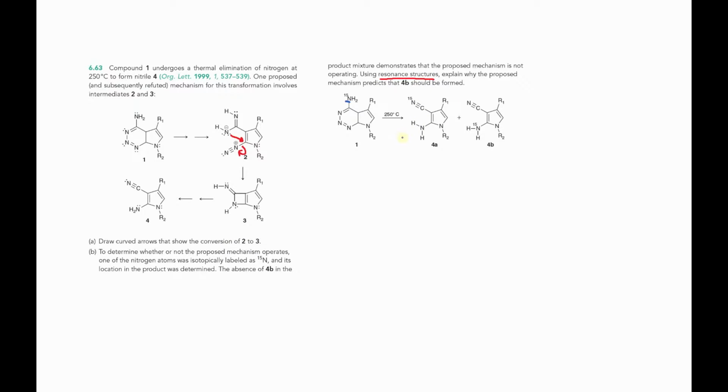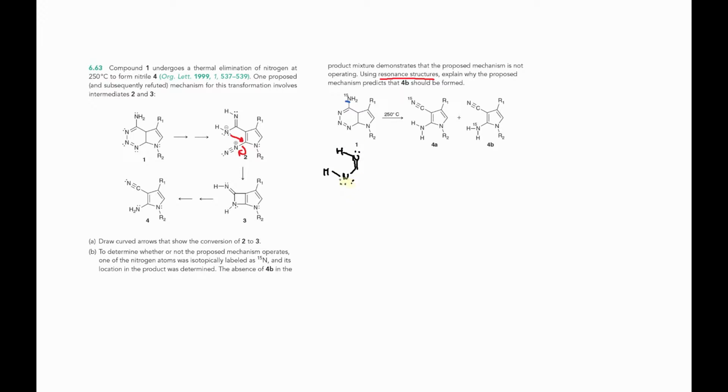One resonance we can form is from compound 2, in which the negative charge could be spread between the two nitrogens. To show you that, it looks like this.